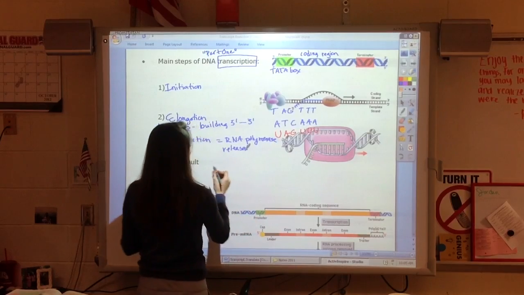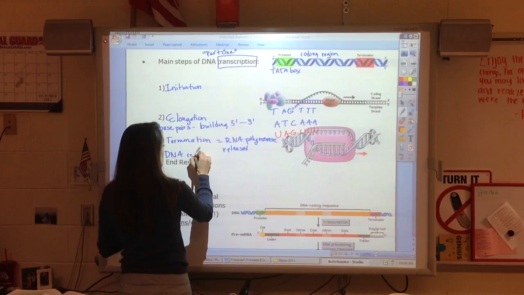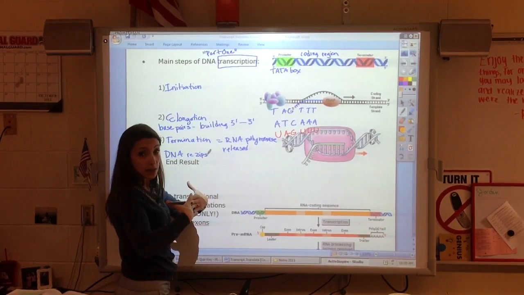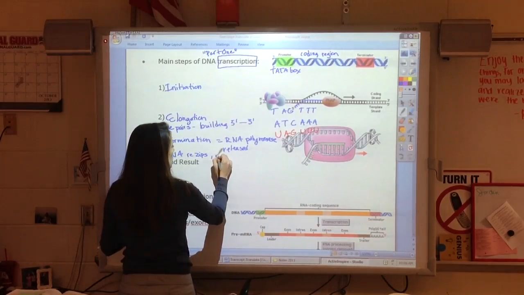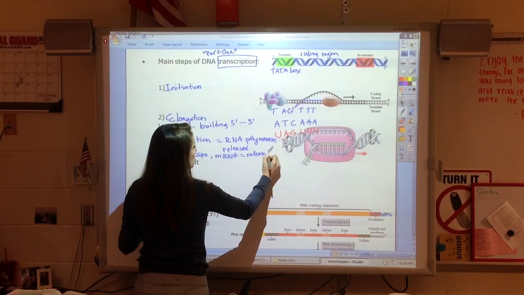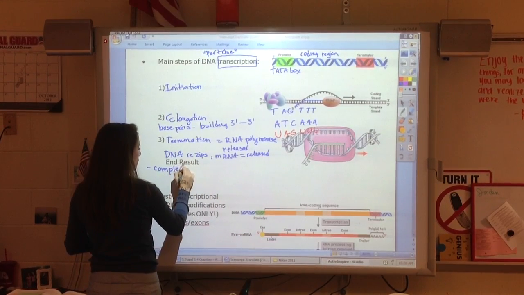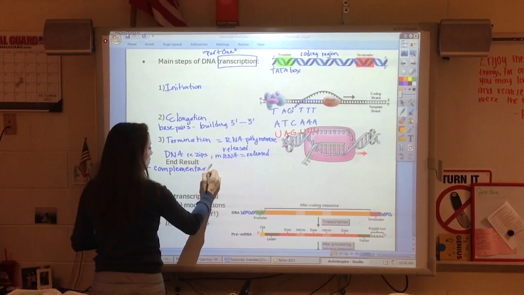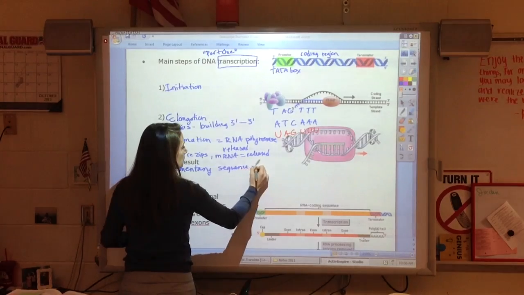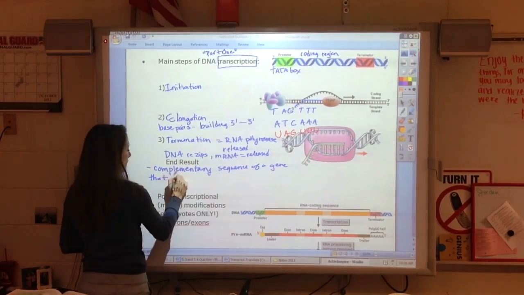And so when RNA polymerase is released, the DNA re-zips, or we reform our DNA base pairs, and the mRNA is also released. So our end result is that we have a complementary sequence of a gene that can travel to the ribosome.